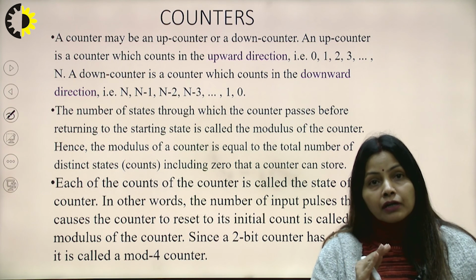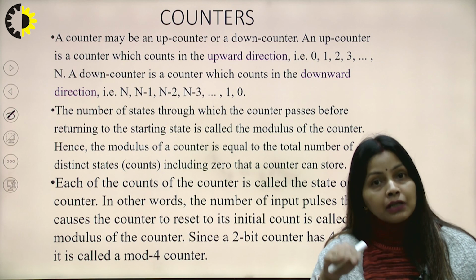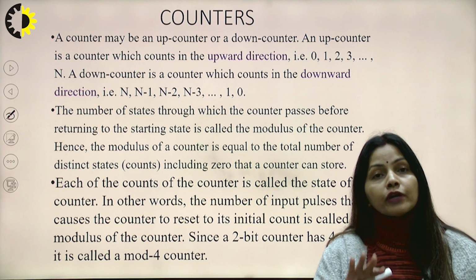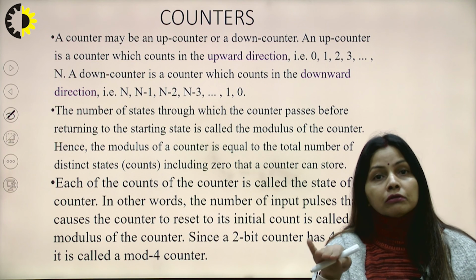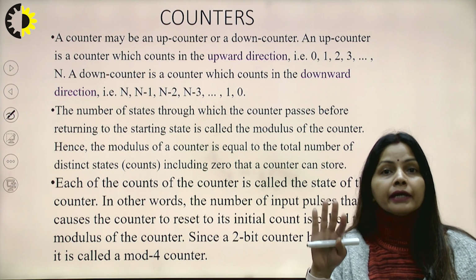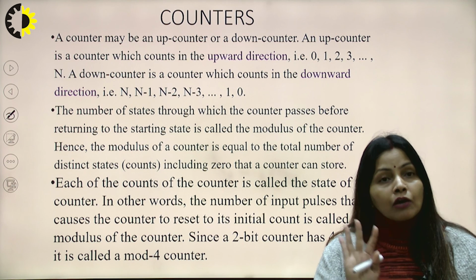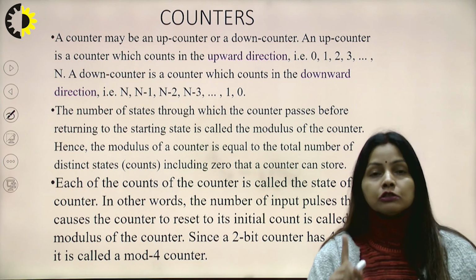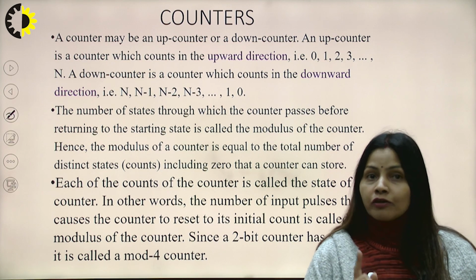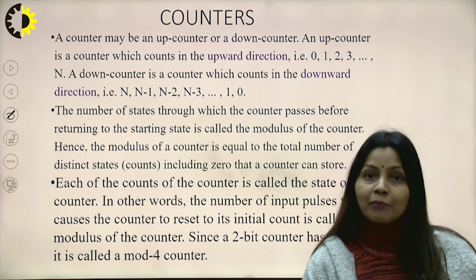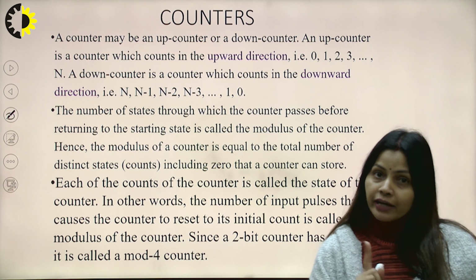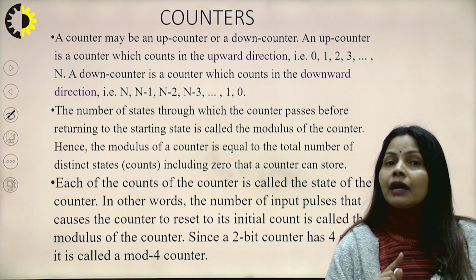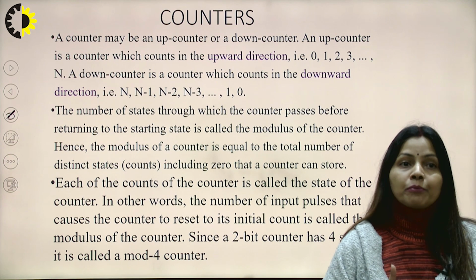And maybe I can count downwards from 1 1 to 1 0, from 1 0 to 0 1, and 0 1 to 0 0. So I can count both up and down. Now these are the 4 states which my counter is taking: 0 0, 0 1, 1 0 and 1 1. So here the state diagram comes into the picture. Whenever we are designing a counter, we will make the state diagram. So understanding the state diagram is very important.